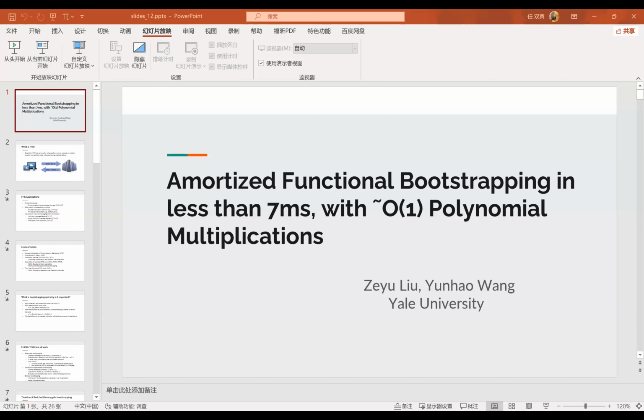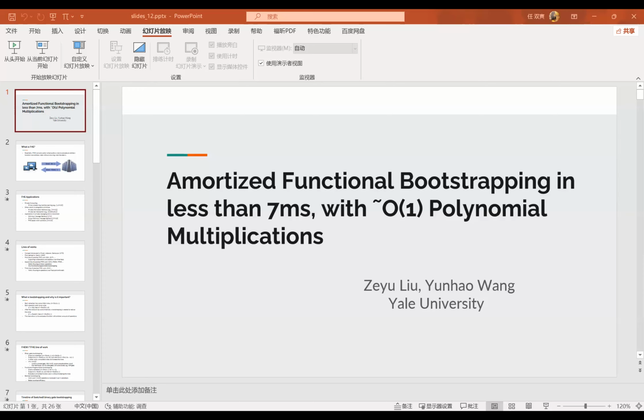There are so many interesting applications, and all these papers are very recent. So it really shows that FHE is a very important and widely used primitive. Okay, with this motivation, let's dive into the work.